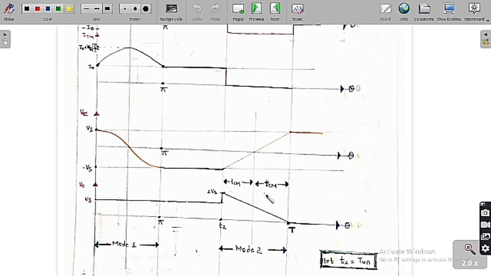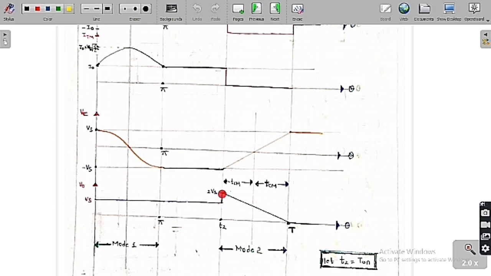In mode 2, the output voltage is equal to Vs - Vc(t). At T2 the capacitor voltage is -Vs, so Vs - Vc(t) means Vs - (-Vs), which is 2Vs.